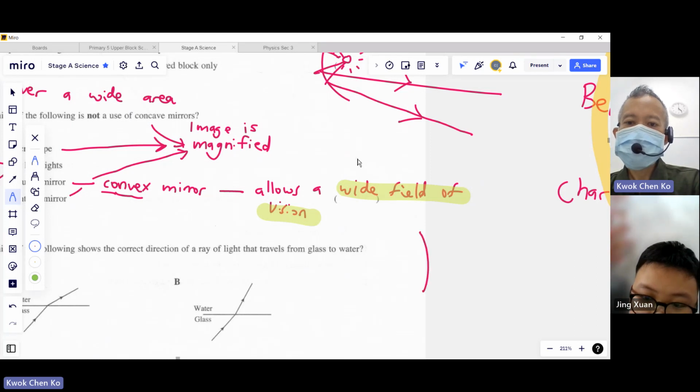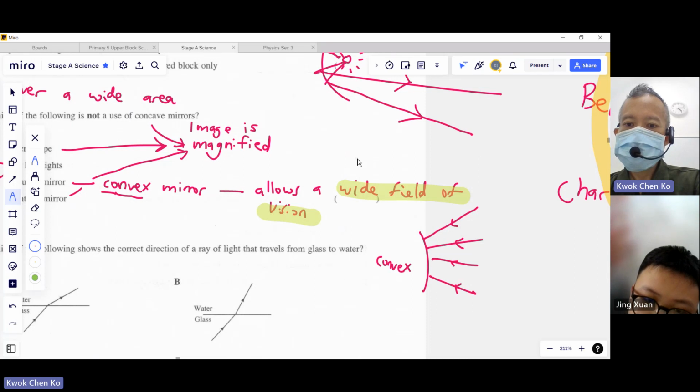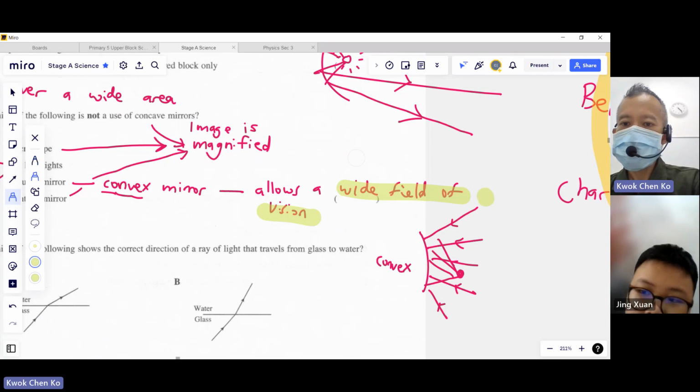This is convex. Basically, it can take in light from a wide angle onto a certain point. So it allows you to see a wide field of vision.